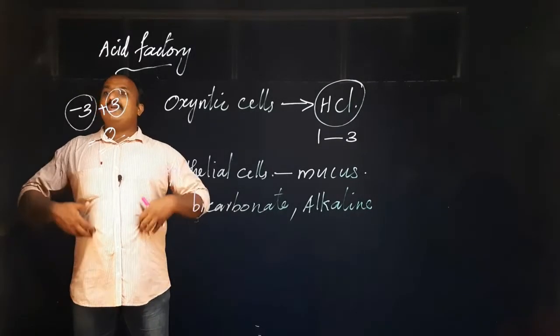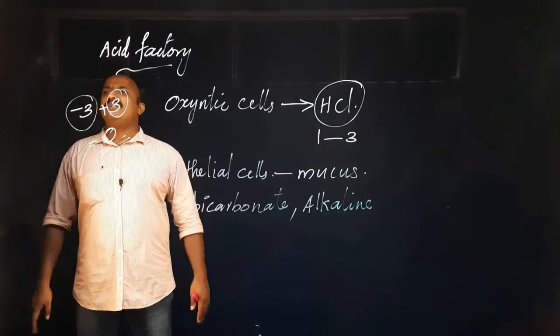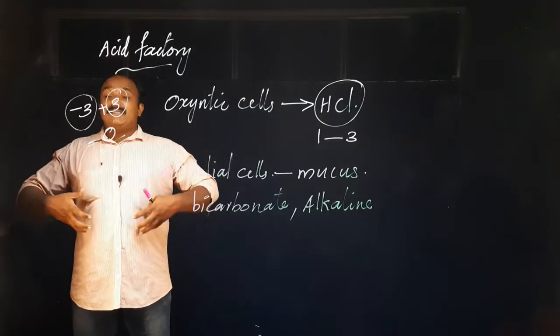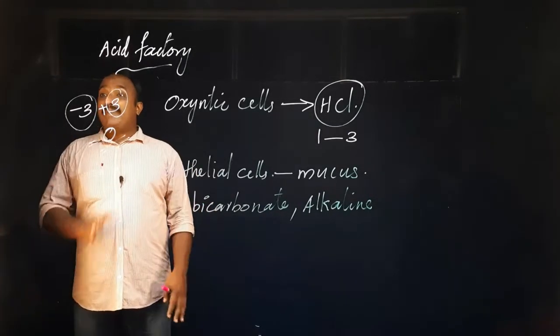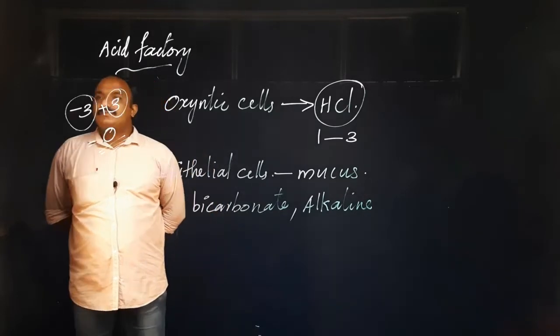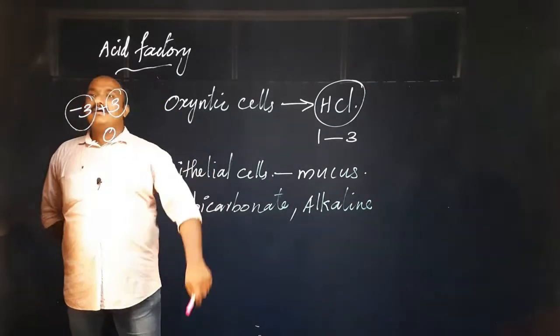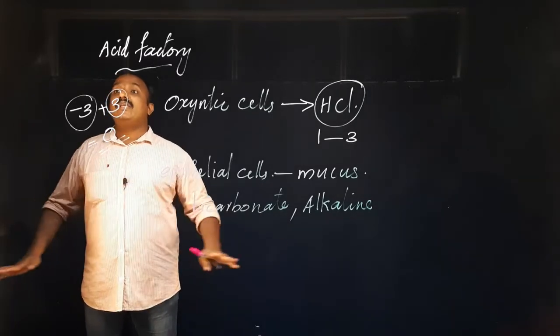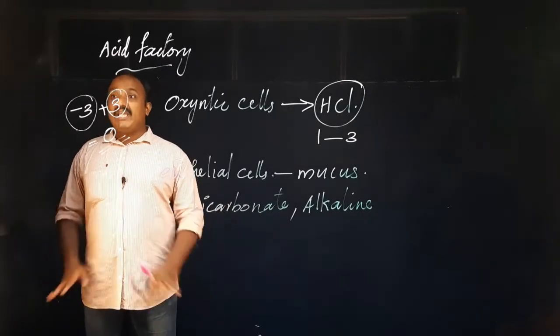Then acid will be produced in the stomach, but food may not be there. In some people, excessive production of the acid may occur. So in such cases, what is happening? This neutralizing process will fail.